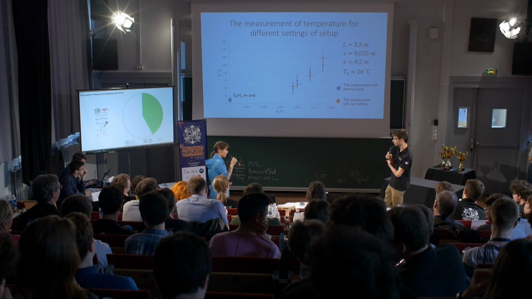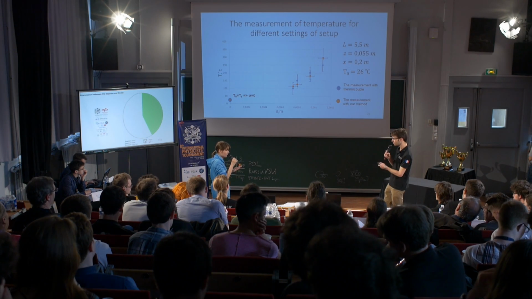So our graphs are the comparison between our theoretical model and our experiment, because we measure the temperature with a thermocouple, and we measure the deflection of the laser ray for this temperature, and we calculate our temperature from the deflection.